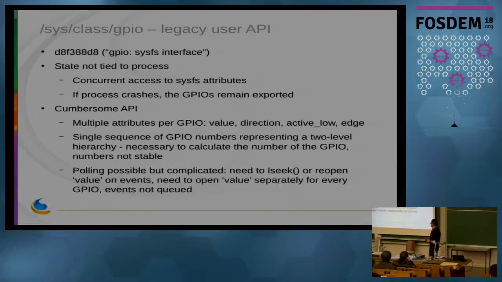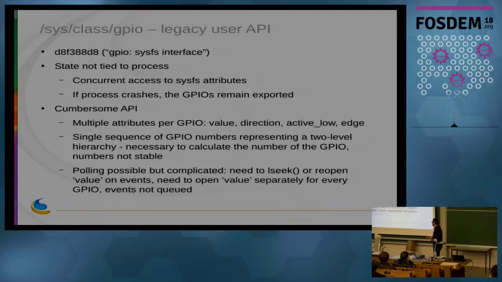So the big problem is that you try to reflect a two-level hierarchy, where you have the chip level and the line level, in a single number space. You actually can poll for events, but it's quite difficult and not very reliable.